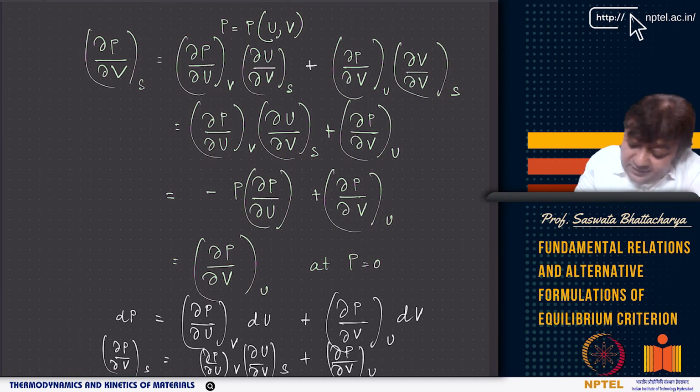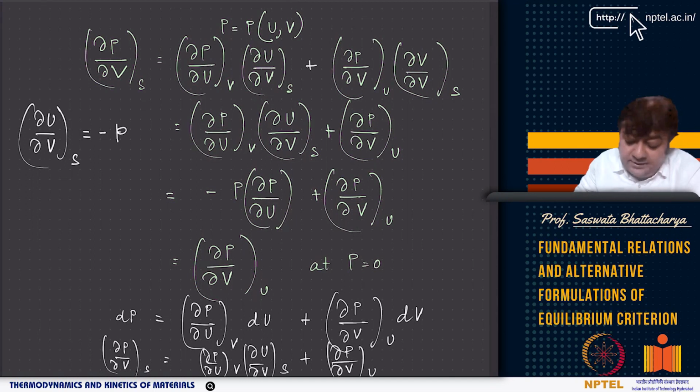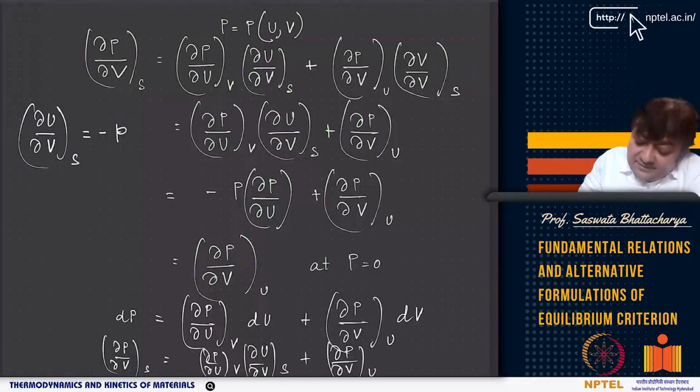So now what you have is ∂P/∂U at V times ∂U/∂V at S plus ∂P/∂V at U, right? Now you see ∂U/∂V at S, we know ∂U/∂V at S is minus P, right?